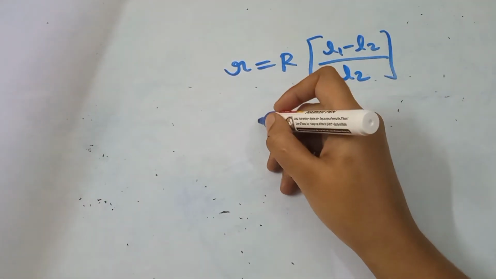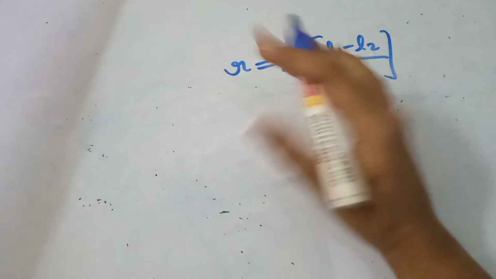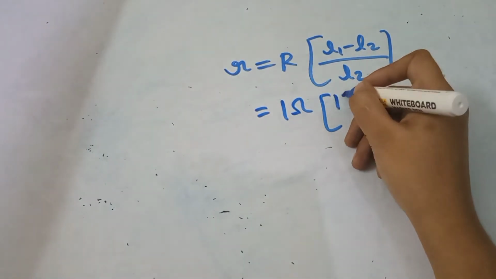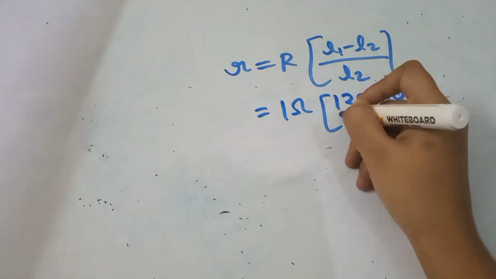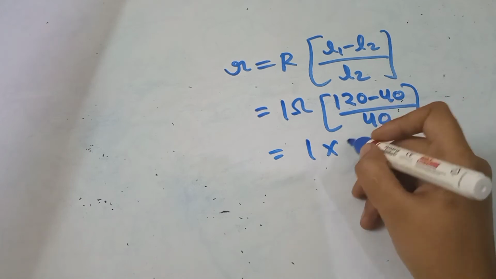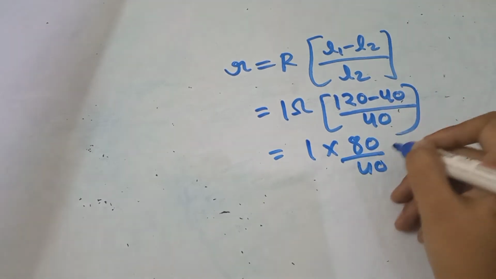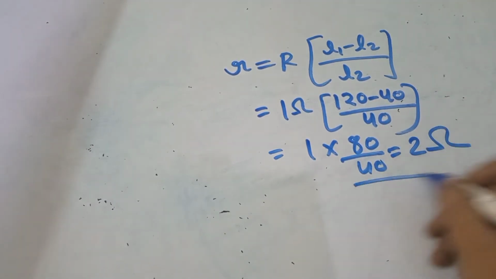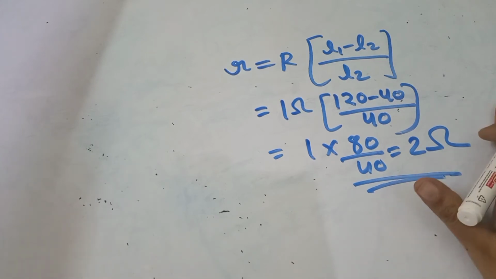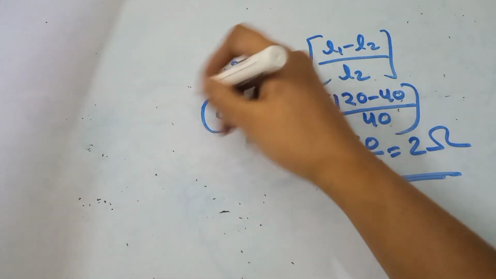So all the numbers are given in the question. R is 1 ohm, L1 minus L2 is 120 minus 40 centimeter divided by 40, is equal to 1 multiplied by 80 divided by 40, is equal to 2 ohm. So the cell is having 2 ohm internal resistance. So D is the right option.